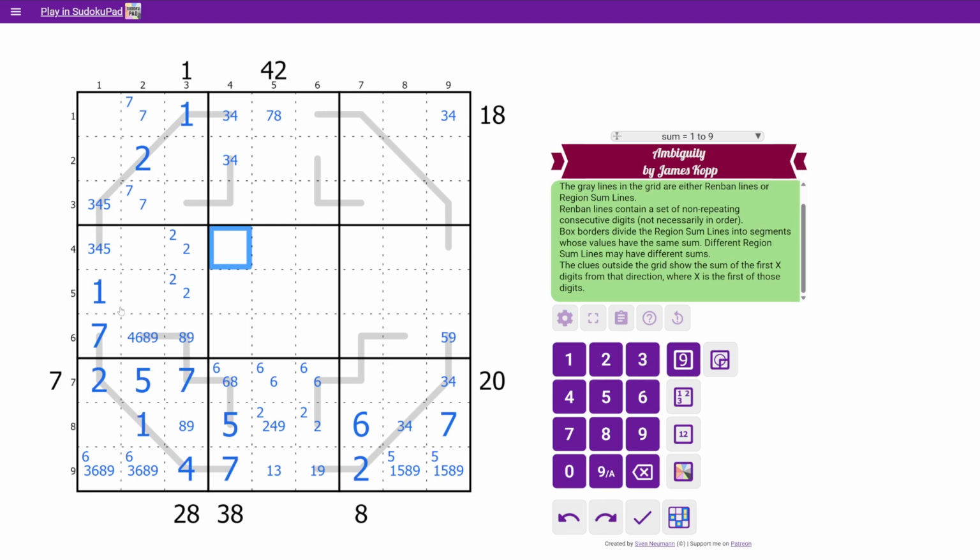Okay. So, if a 5... I guess that would be okay. So this is a Rin band though. 1, 2... This cannot be a 3, 4 combo. Well, let's just say the 5 has to go there.